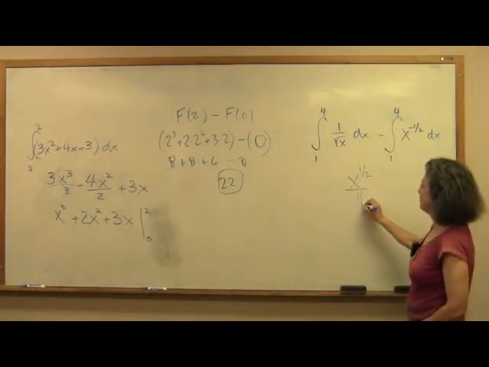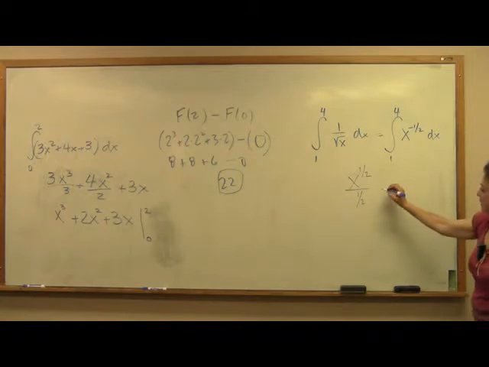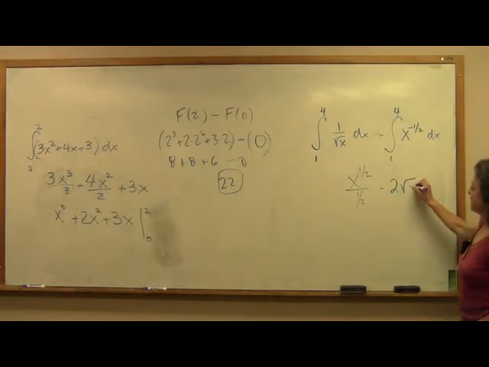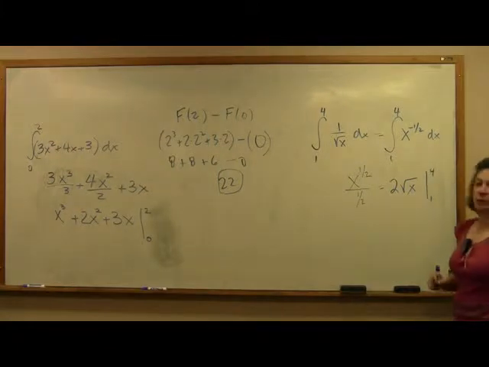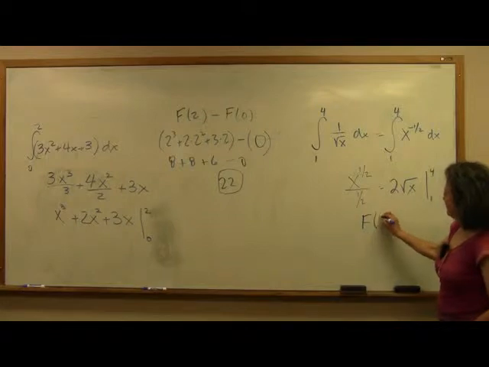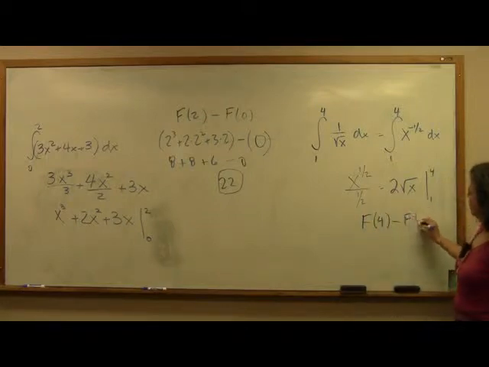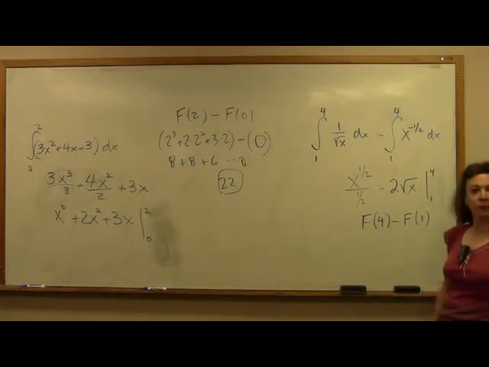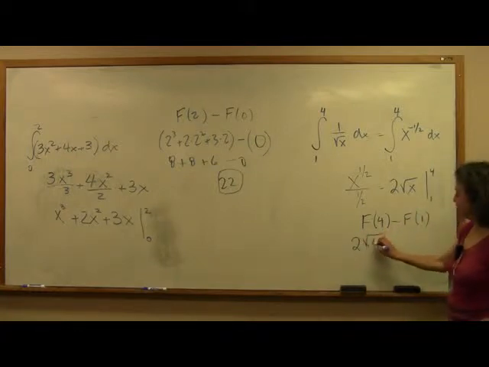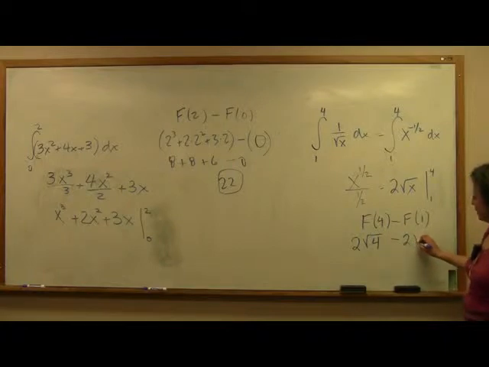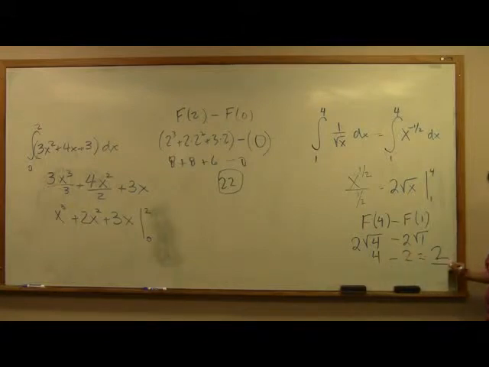So it's x to the 1/2 over 1/2. I think you'll grant me that that's the same as 2 square root x. And we want to evaluate that from 1 to 4. This is pretty sweet. So we evaluate that at 4, and then we'll subtract off what we get when we evaluate it at 1. So if I do this, I'm going to have 2 times the square root of 4 minus 2 times the square root of 1. So 4 minus 2 is 2.